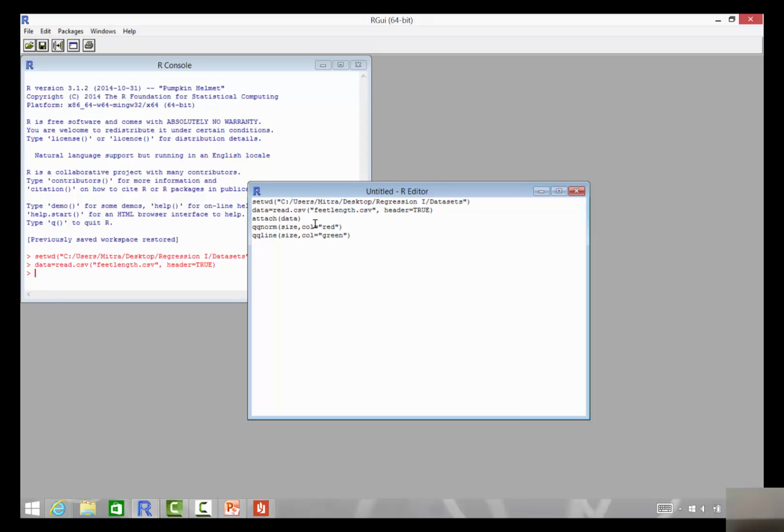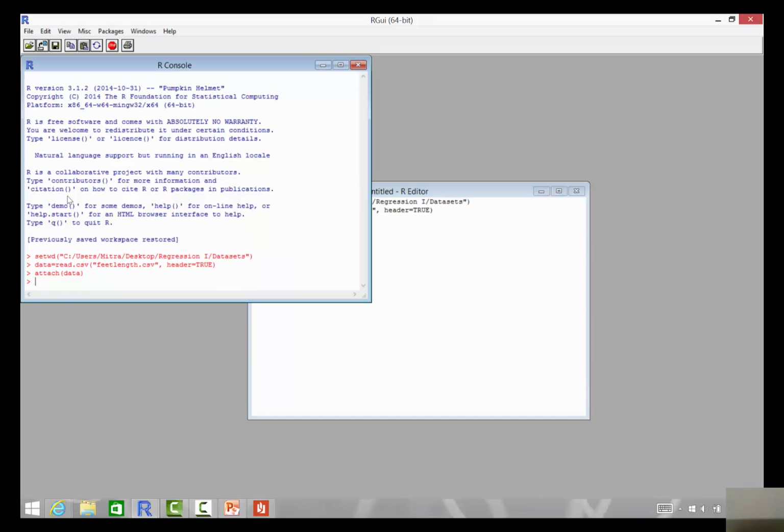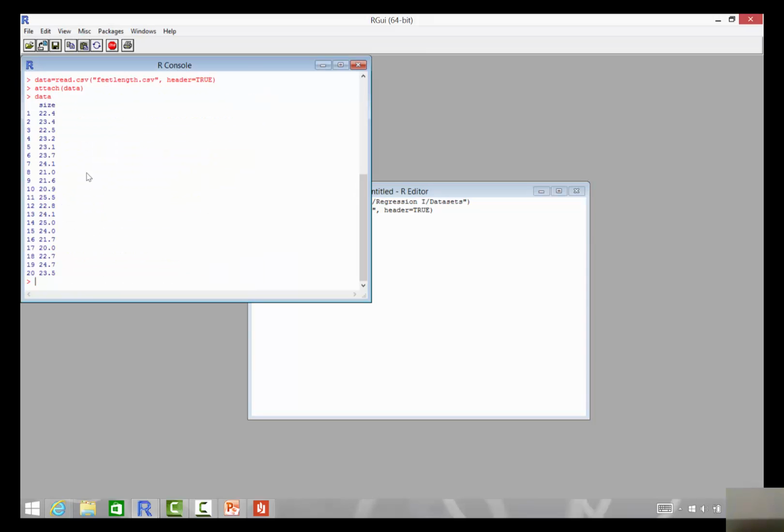This is the CSV format. Attach the data. You know that if I don't attach, I cannot see. Let's see how the data looks. The data is right here, only one column. This is the size of the feet of the kids in the fourth grade, in centimeters, I guess. Let me double check.